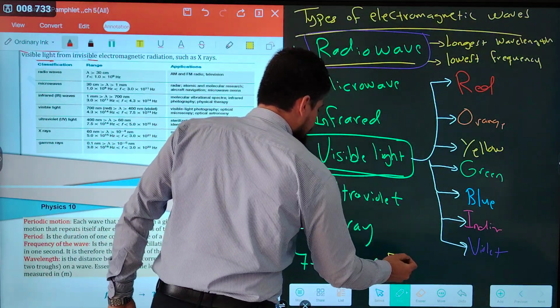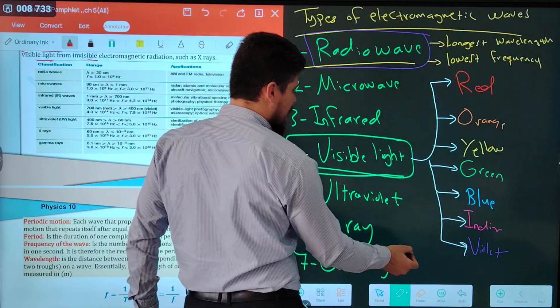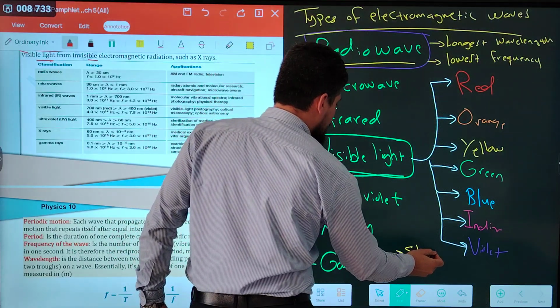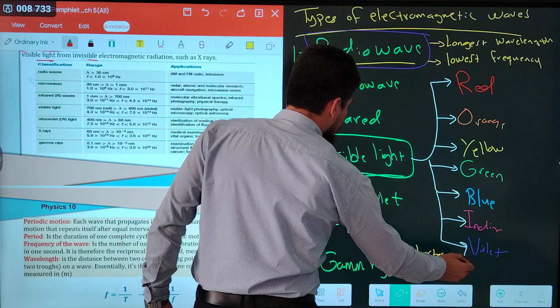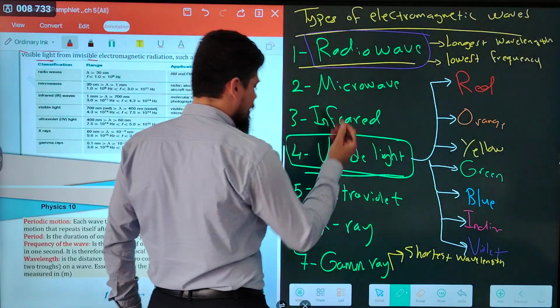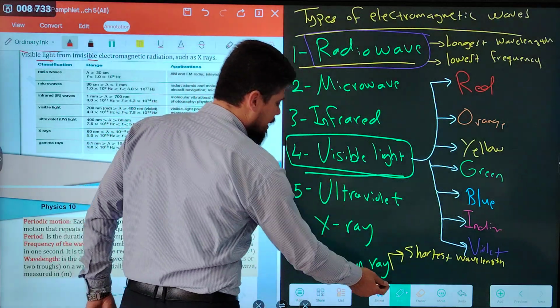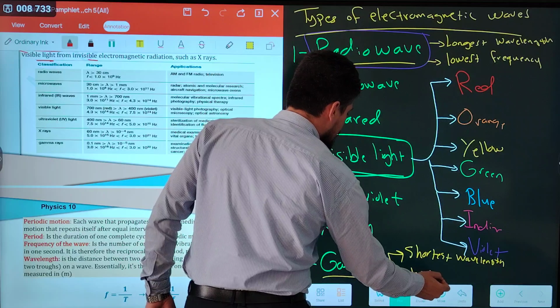Because radio wave has the longest wavelength, gamma ray should have the shortest wavelength, because they are inversely related to each other. Shortest wavelength. Which type of electromagnetic spectrum has the shortest wavelength? Gamma ray. But highest frequency.